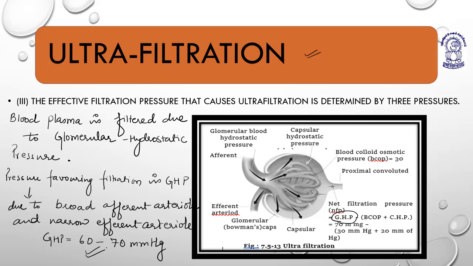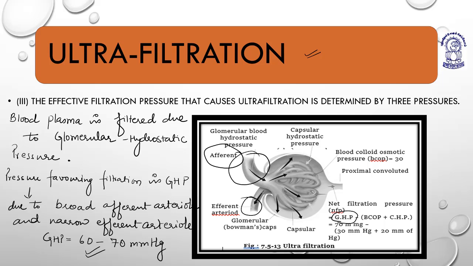So this glomerular hydrostatic pressure is because the afferent arteriole, which is bringing the blood towards glomeruli, is broad in size and the efferent is narrow in size.